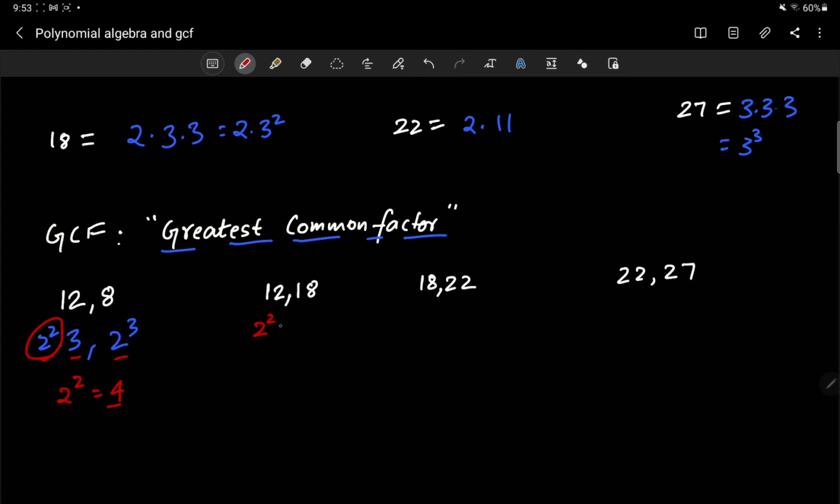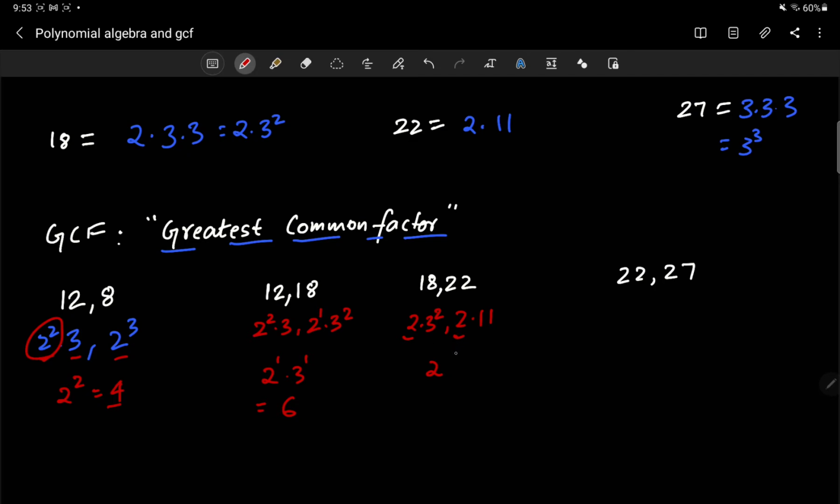Let's look at this. 2 squared times 3 and 2 times 3 squared. Now here there's both 2 and 3 involved. So we take the lowest power of 2, which is 1, and the lowest power of 3, which is 1. So this is 6. This is 2 times 3 squared and 2 times 11. Well, there's no 11 in the first one and there's no 3 in the second one, so they're not going to appear.